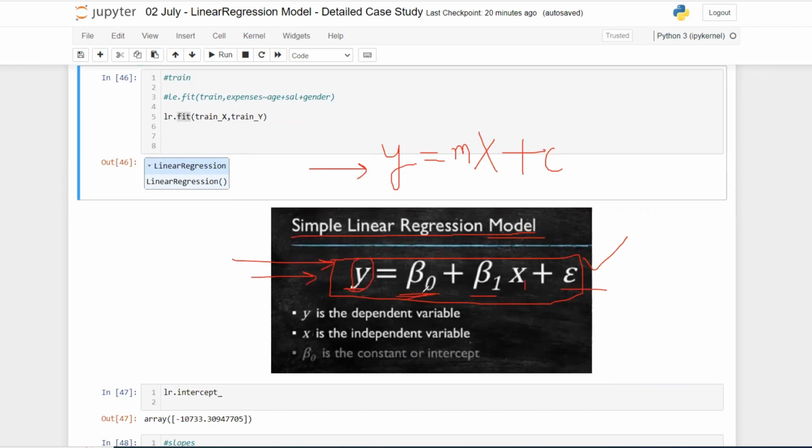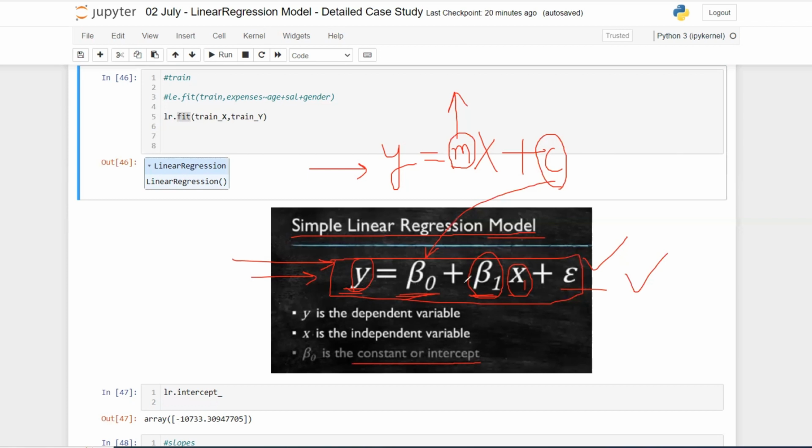Beta naught here is nothing but our c value, which is the intercept, the constant. Then beta 1 x1, where x1 we know is our feature, and beta 1 is the weight associated with that feature, and that is nothing but the m value or the slope value which we were talking about till now. This is a good representation we should be focusing on going forward.